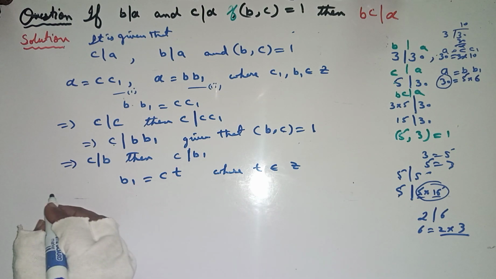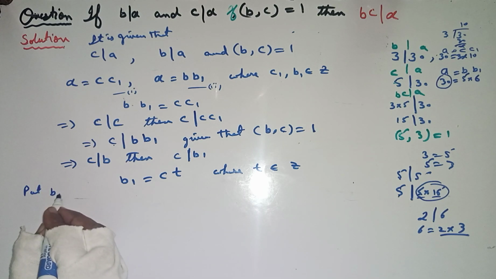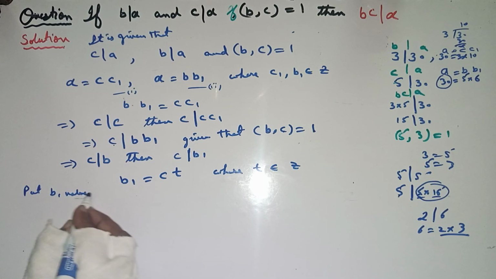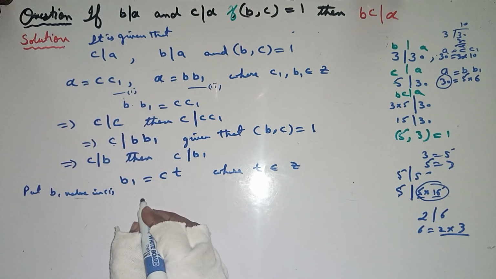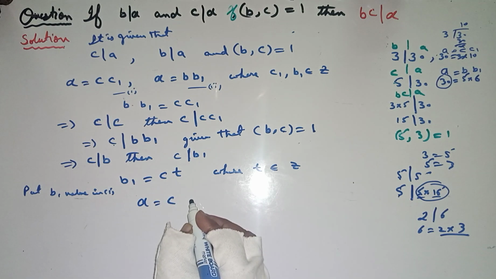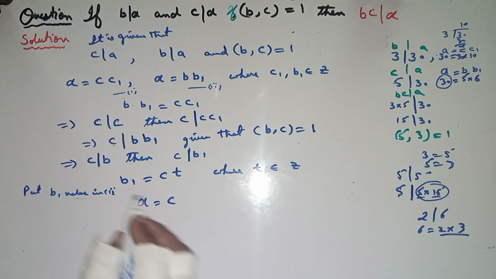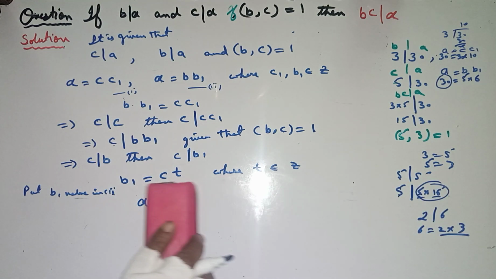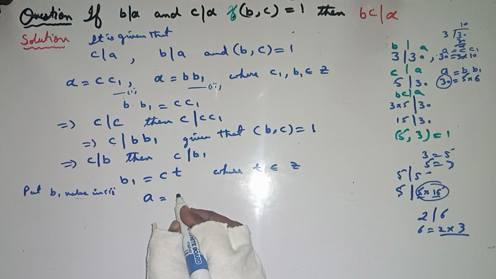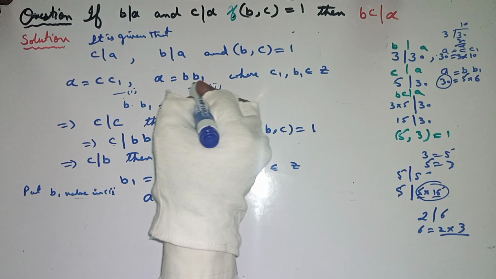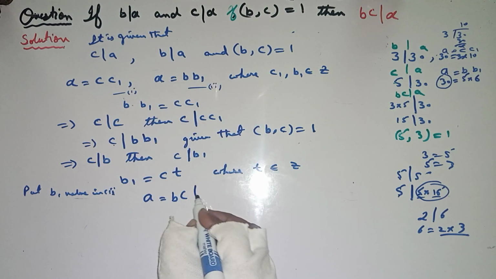Now putting the value of B1 in this equation. What is A? A is equal to, in the second equation, A is equal to B times B1, and putting the value here, B as it is, C, T.